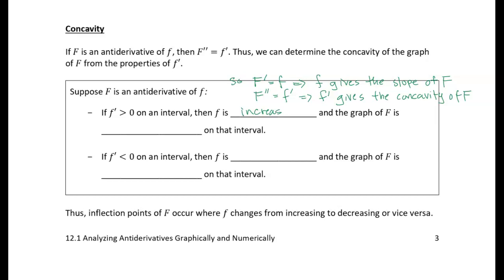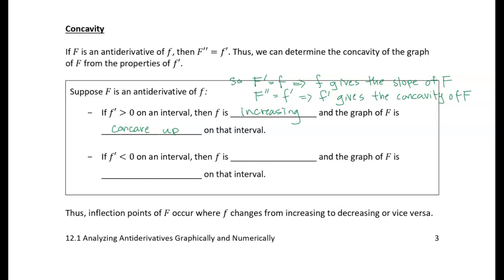So lowercase f, which is the derivative, is increasing. And the graph of uppercase F, which is the antiderivative, is concave up on that interval. Because essentially lowercase f prime is the second derivative of the antiderivative.